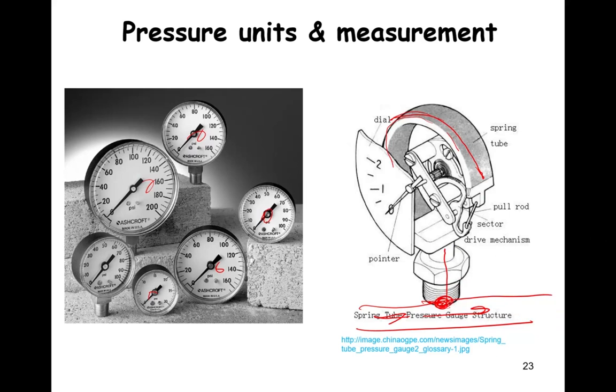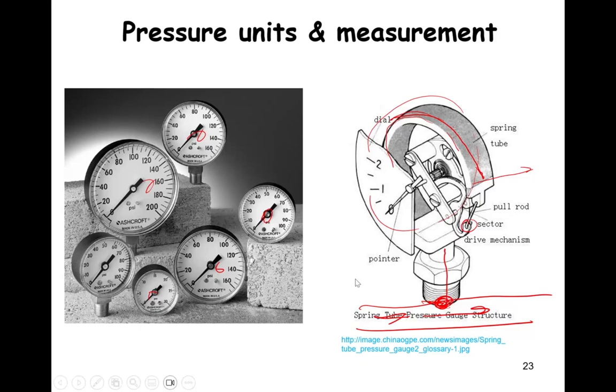When the pressure increases, this ring tends to open and go this way. Then this pulls another sector in here, which is connected to a gear, and this gear is connected to a scale dial, and we can measure the pressure. Normally pressure is measured in these types of devices. This is how pressure is measured.